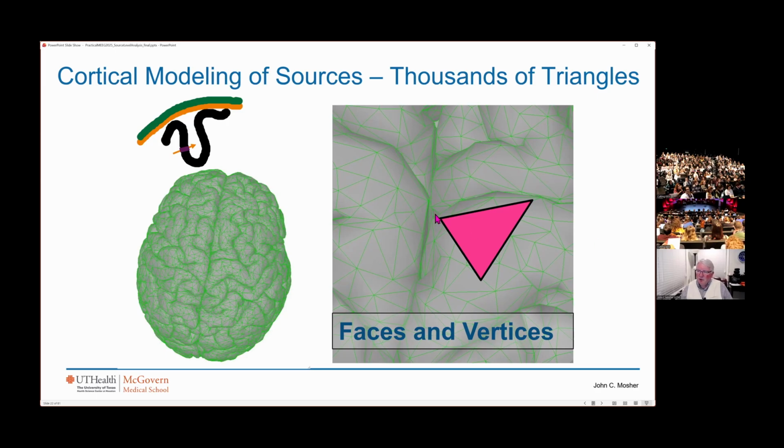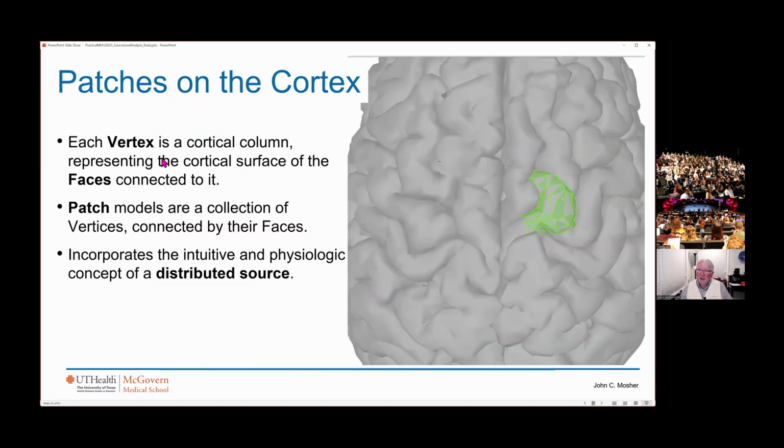And what we can definitely use are the vertices of the triangle and the face. And what we treat it as is that each vertex is one of these cortical columns. So we say there's a cortical column that we just were talking about, and that the area that it represents is the average of the area of the faces attached to that. And again, we get exquisite linked lists out, so we know exactly what each face is connected to which vertex. Each patch then becomes a collection of vertices connected by their faces.